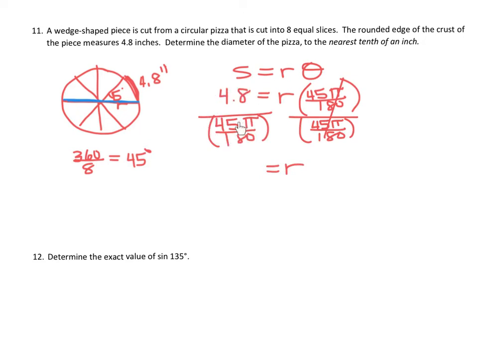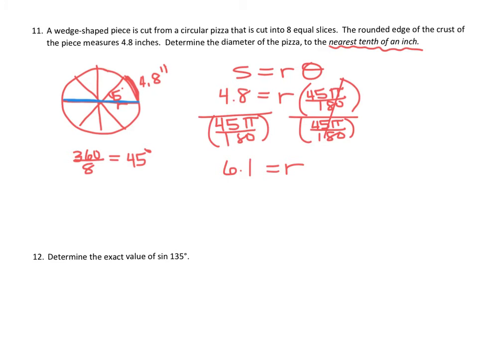But if it's easier for you to do this as a decimal, that's fine. And I just want to point out, you don't have to simplify the 45 over 180 to pi over 4, because you're plugging it in your calculator anyway, and you're rounding. And by the way, they want us to round to the nearest tenth of an inch. So when we plug that in our calculator and round to the nearest tenth, we get 6.1.